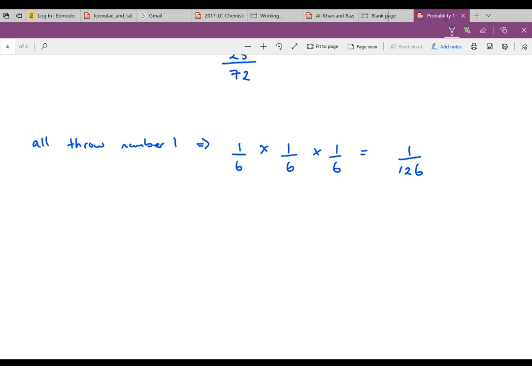Now I can do that for the number 1. For the number 2, it's going to be 1 over 6 times 1 over 6 times 1 over 6 again. For the number 3, it will be the same probability. For the number 4, it will be the same probability, and so on. So it will be 1 over 216 for each of the 6 numbers, which will give me 1 over 36 chance of throwing the same number.